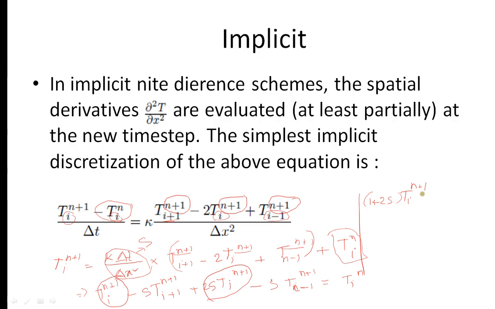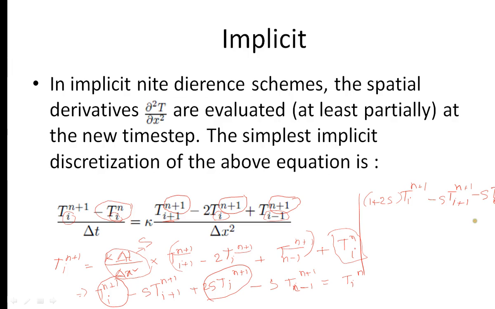So 1 plus 2s times T_i^(n+1), then we are left with minus s T_(i+1)^(n+1) and minus s T_(i-1)^(n+1). This should equal T_i^n. So this is the equation, and we'll get a number of linear equations.